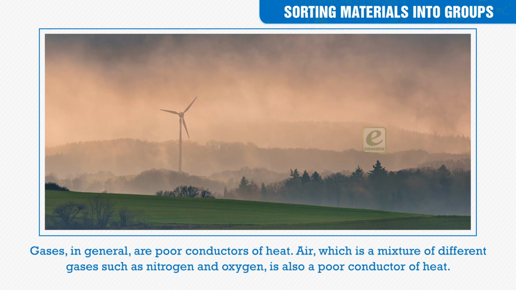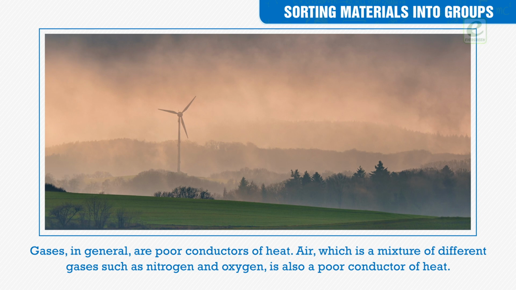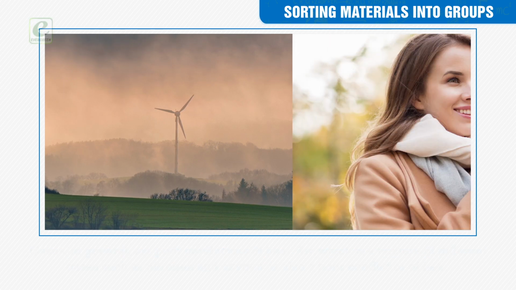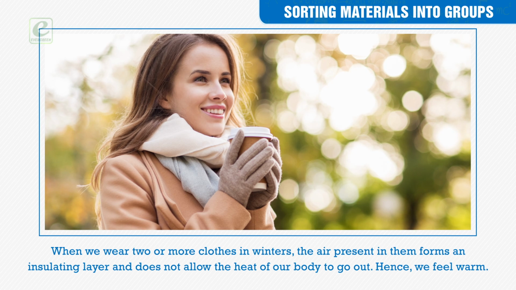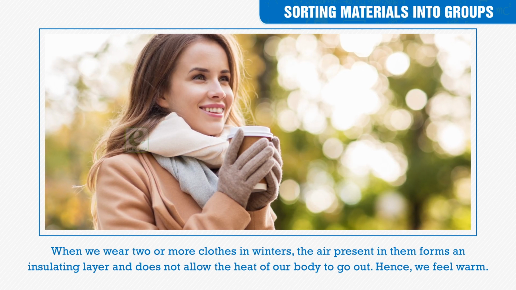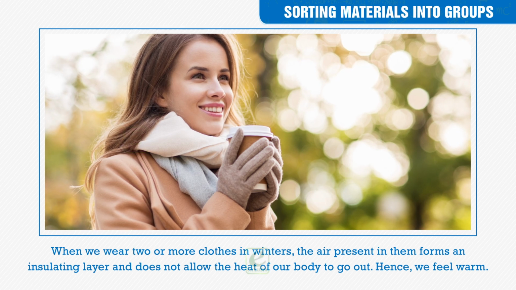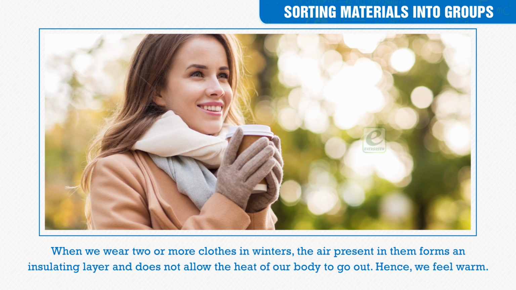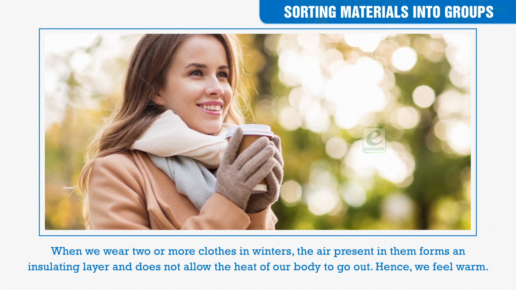Gases in general are poor conductors of heat. Air, which is a mixture of different gases such as nitrogen and oxygen, is also a poor conductor of heat. When we wear 2 or more clothes in winters, the air present in them forms an insulating layer and does not allow the heat of our body to go out. Hence, we feel warm.